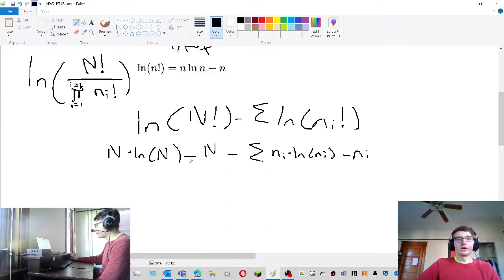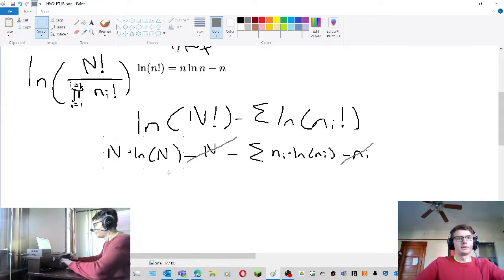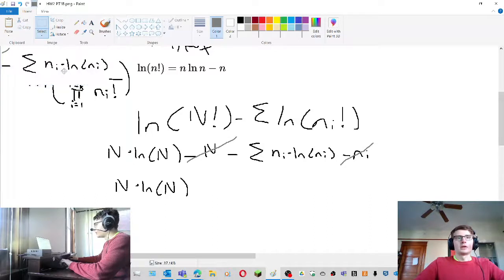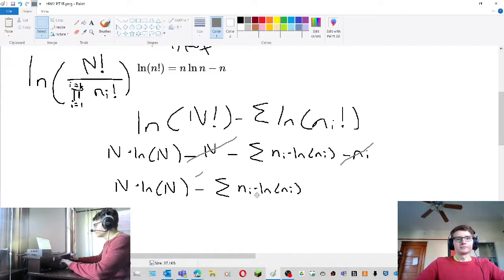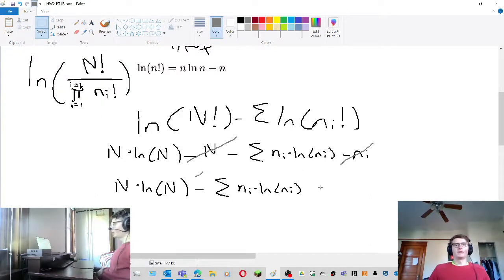So right here I get a really great opportunity to cancel some stuff out. I can cancel out this negative n with this ni, and then I am just left with the expression, the total number of students times the natural log of the total number of students, and it's just going to be the equivalent of that, right?